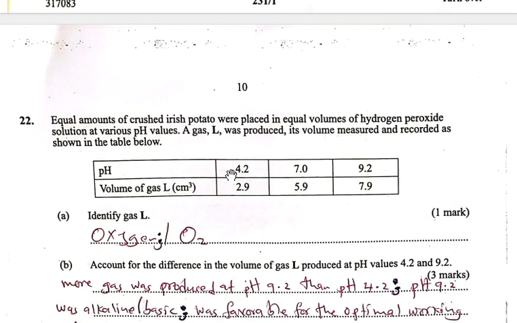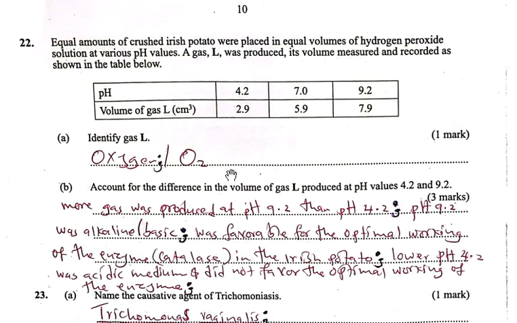Question 22. Equal amounts of crushed Irish potato were placed in equal volumes of hydrogen peroxide solution at various pH values. A gas L was produced. Its volume was measured and recorded as shown in the table below. pH 4.2, volume of gas produced 2.9 cubic centimeters.